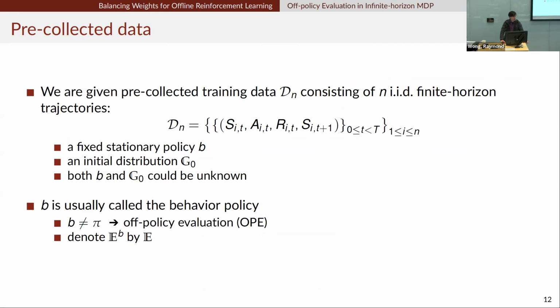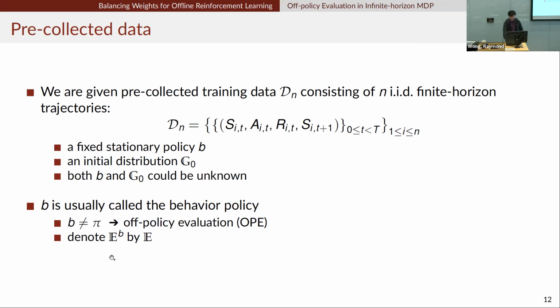So this b and G0 might be unknown, and for the technique that I'm going to introduce, we don't need to know these two quantities. This policy b is usually called the behavior policy. When the behavior policy is different from your target policy, the corresponding policy evaluation problem is called the off-policy evaluation problem, the OPE problem.